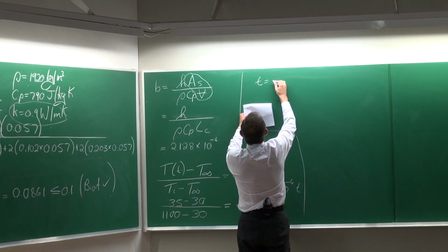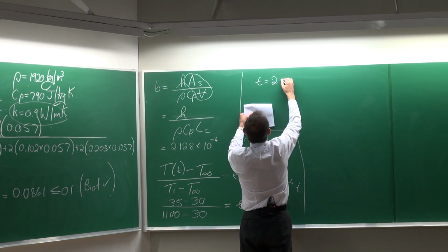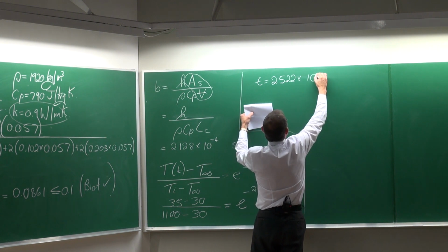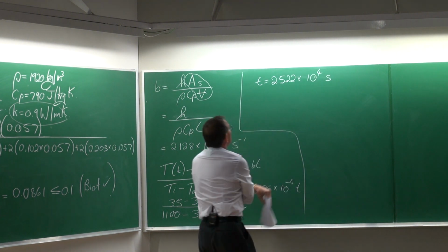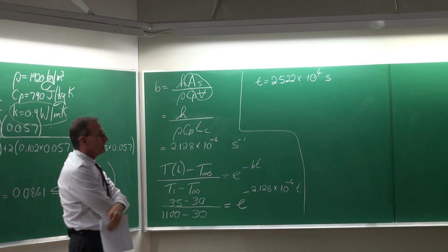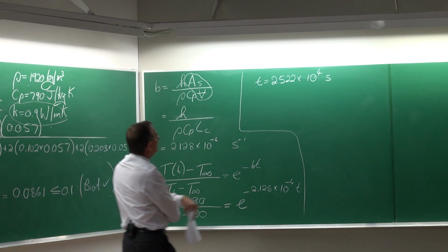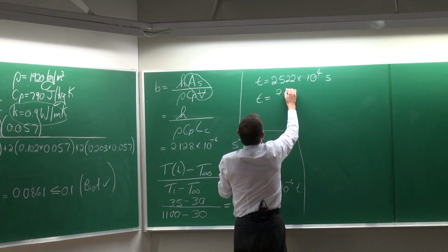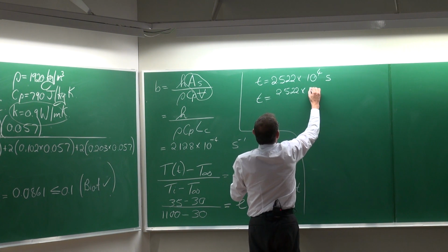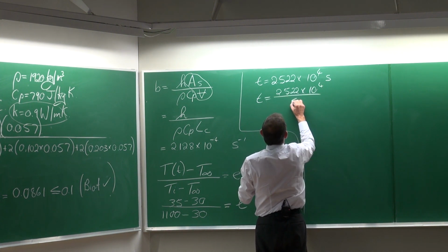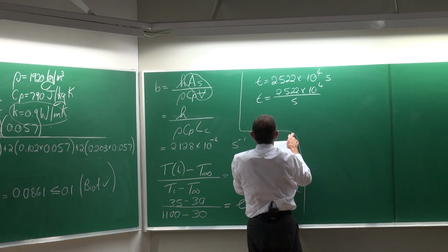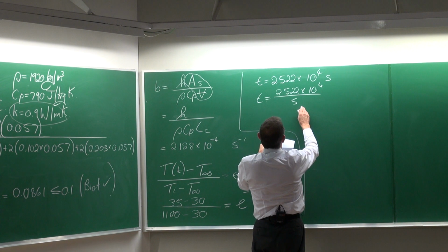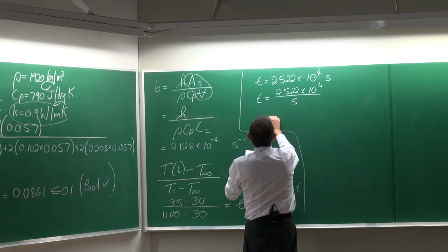So the solution is that t is equal to 2.522 multiplied by 10 to the 4 seconds. So about 25,000 seconds. If we divide that by 60, we can get it in minutes, and then again by another 60, and then we can calculate.